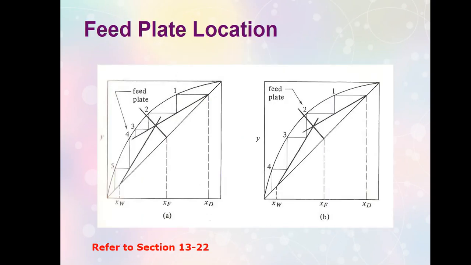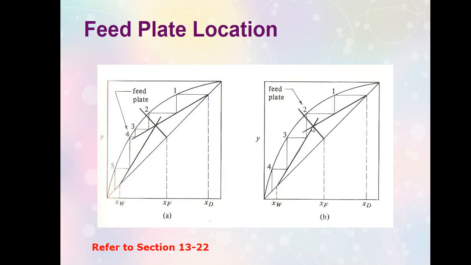Now, the feed plate location I have partly mentioned a while ago. It's in the stripping section. But if you will be asked by the problem on the specific plate where feed should be introduced, if it's to be determined using graphical approach, it is the plate where the change of location of one step transferring from the enriching section to the stripping section right away occurred.